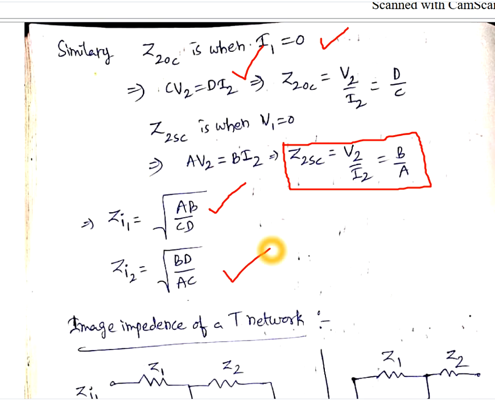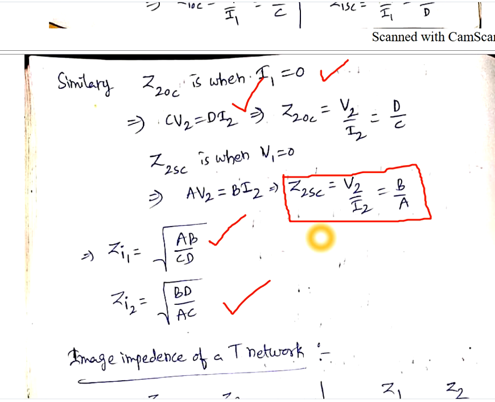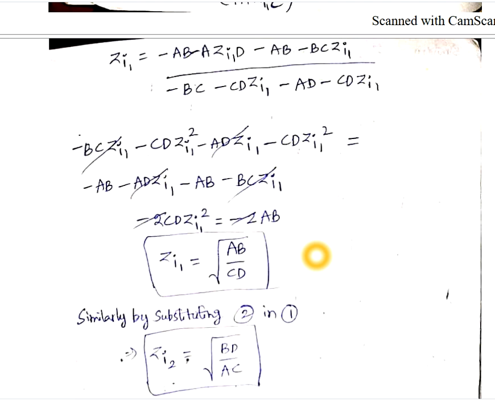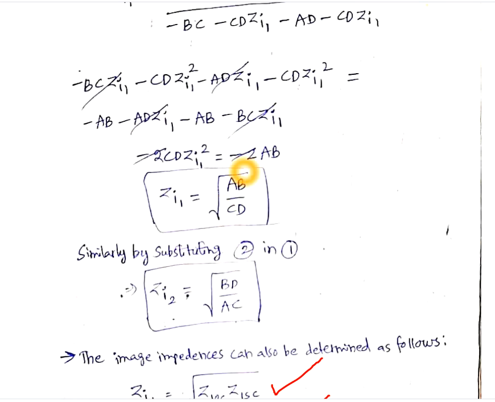So now we can compare these Zi1 and Zi2 values with the formula that we derived in the previous class in terms of ABCD parameters using the definition of image impedance. So what we got there? We got Zi1 equals square root of AB by CD, Zi2 equals square root of BD by AC.